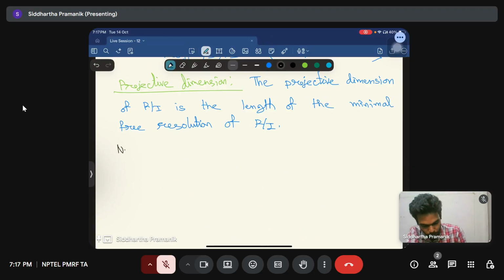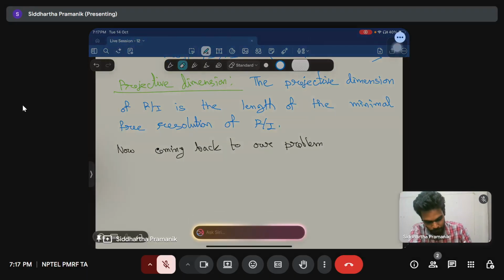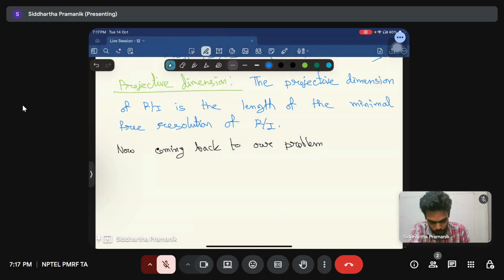Now coming back to our problem. So first one. All our rings are polynomial rings in two variables, so R is always k[x,y]. Let's fix this.